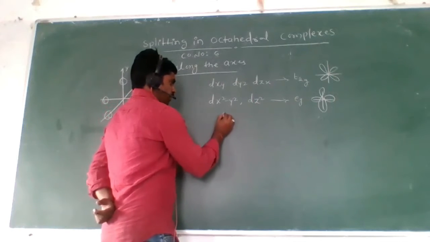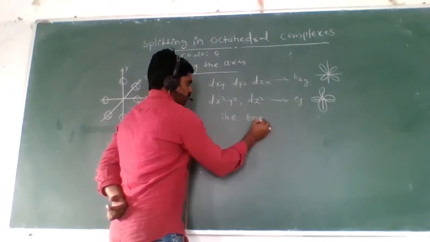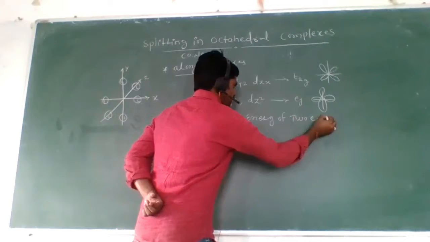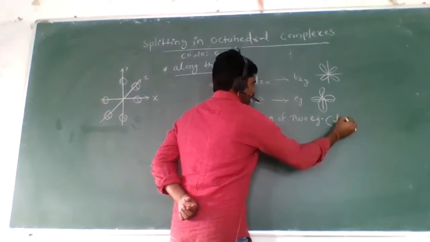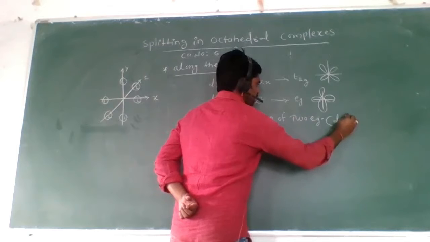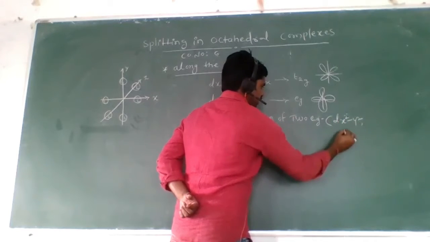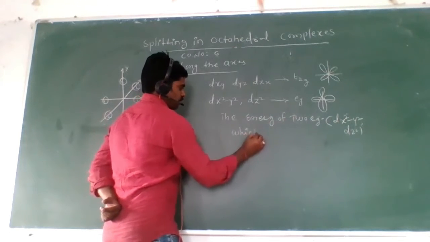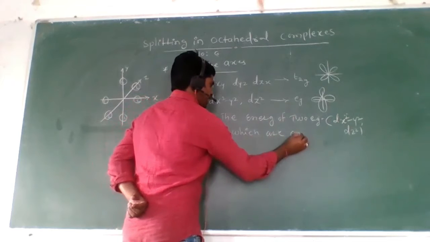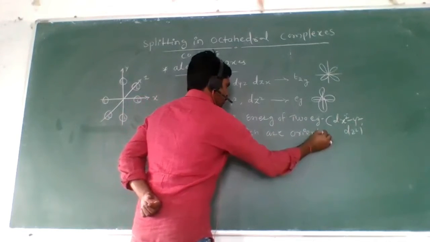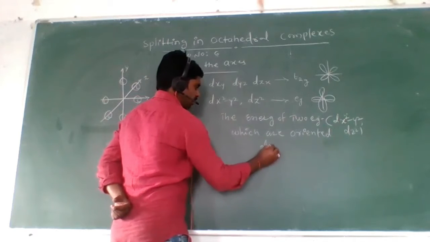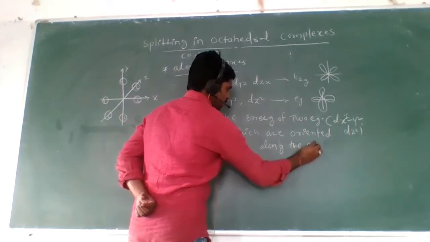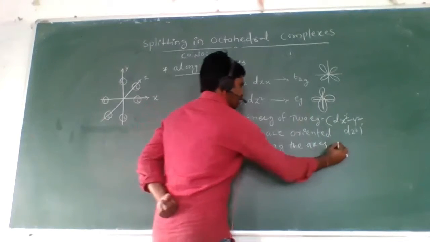Now see here, the energy of the two Eg orbitals, that is dx square minus y square and dz square, which are oriented along the axis, increases.